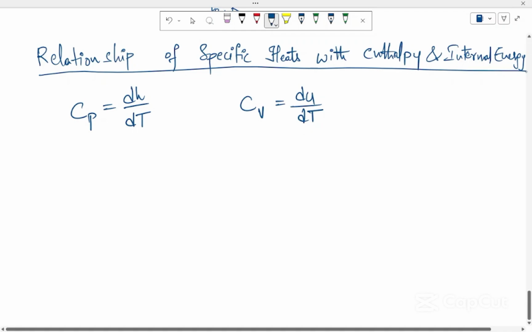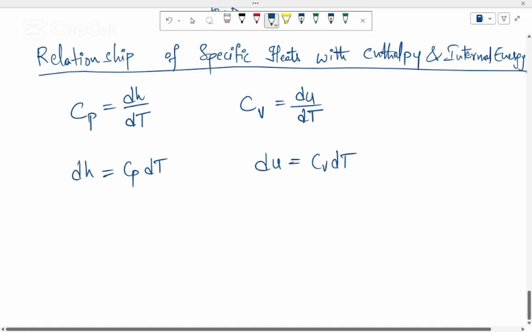So here you can write that dH is nothing but Cp dT and dU is nothing but Cv dT. So these expressions of enthalpy and internal energy should be known in terms of specific heat in solving the problems that you're going to see in the future.